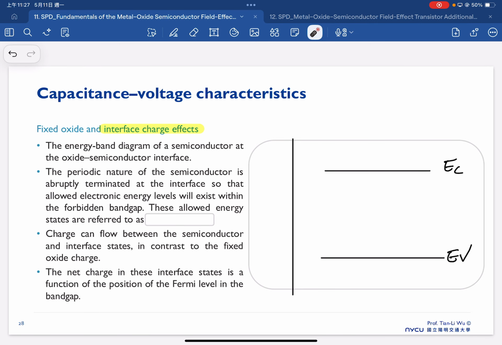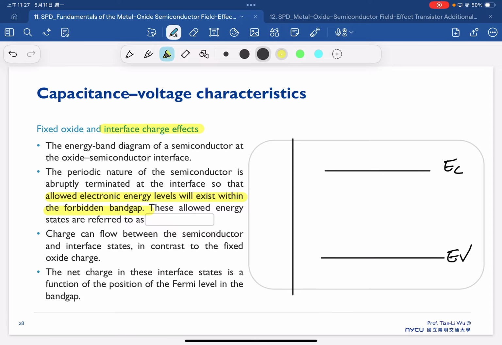As we know, the periodic nature of the semiconductor is terminated at the interface, and therefore allowed electron energy levels will exist within the forbidden band gap. This is the same concept that we illustrated before.